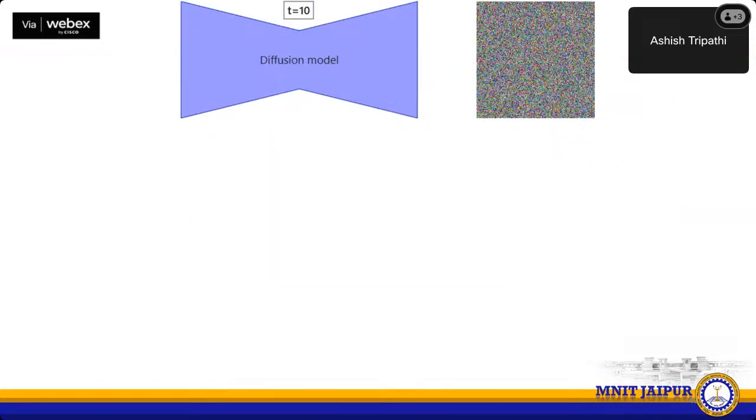Let us again visualize this, how we are recovering the original image, or near to the original image, from the pure noise which has been created by destroying the original image. So this is my diffusion model exactly.